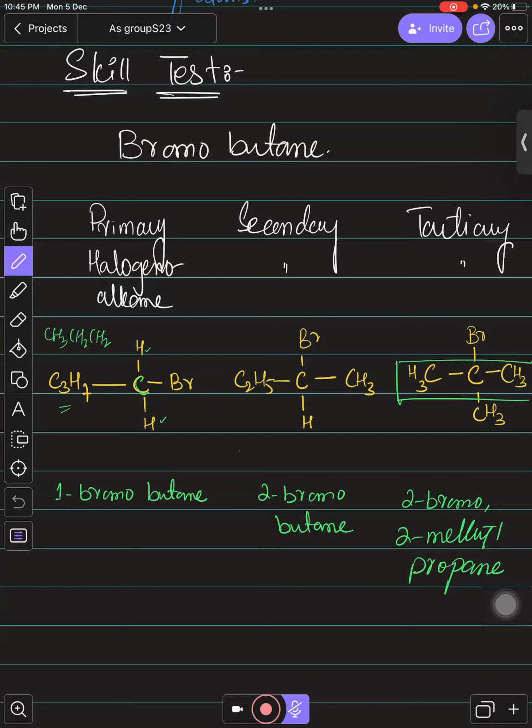But in the second structure, this carbon is a chiral carbon, because it has 4 bonds with 4 different species: one is hydrogen, one is bromine, one is CH3, and one is C2H5. So you can even draw the optical isomers of this. So 2-bromobutane can show you 2 more structures, right?